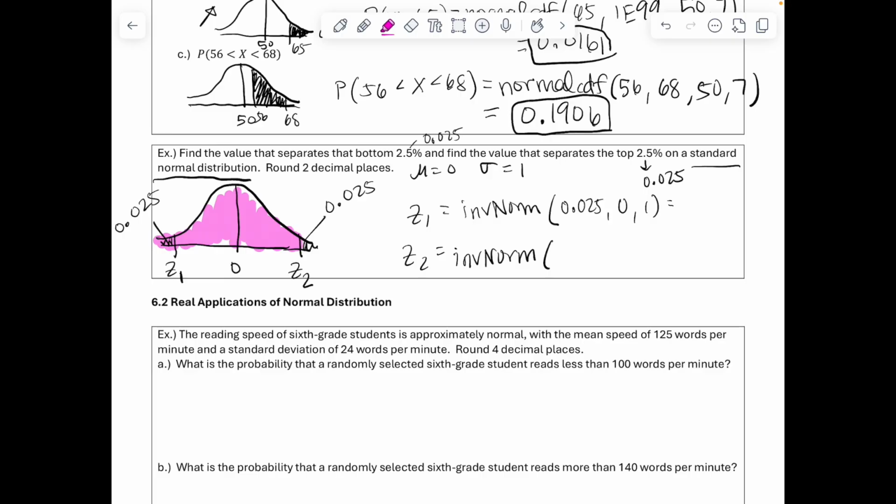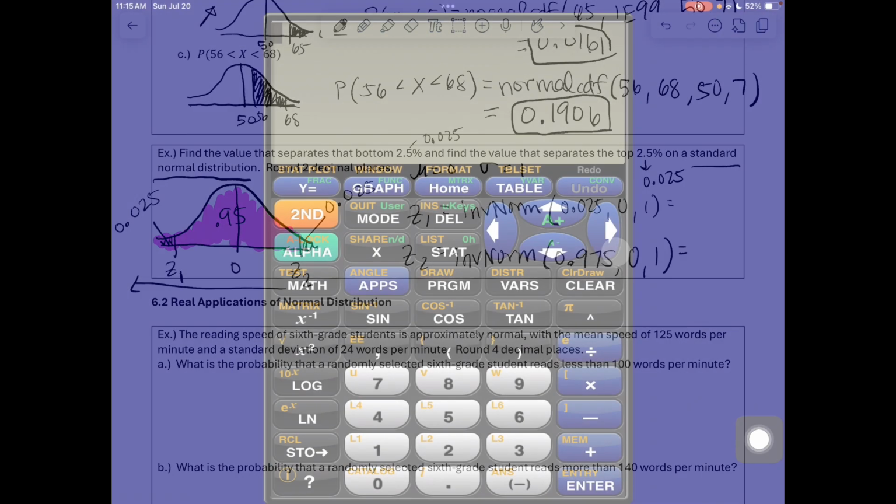We know that the middle part is 0.95 because the total area under the curve is 1, and 1 minus 0.025 on the left and 0.025 on the right gives 0.95. Adding up those two values, the total area to the left here is going to be 0.975. The mean is 0, standard deviation is 1.